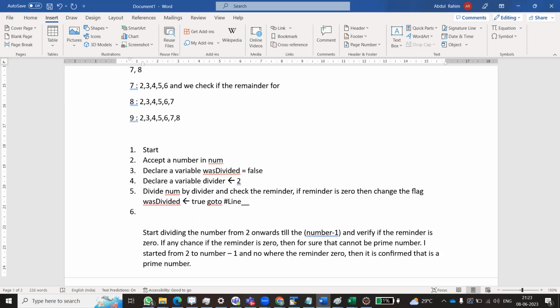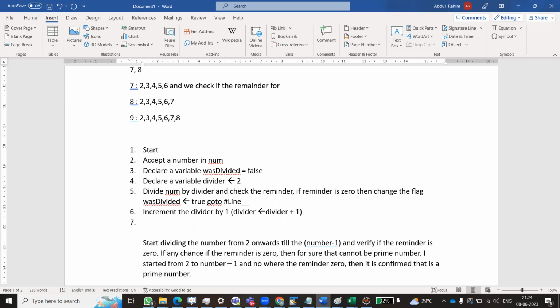Else, increment the divider by 1. That is, divider value is now earlier value of divider plus 1.